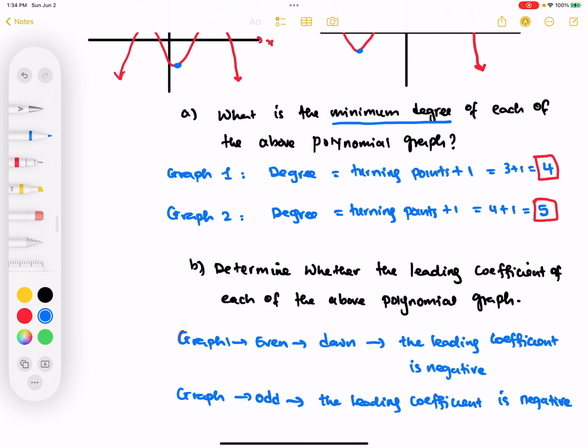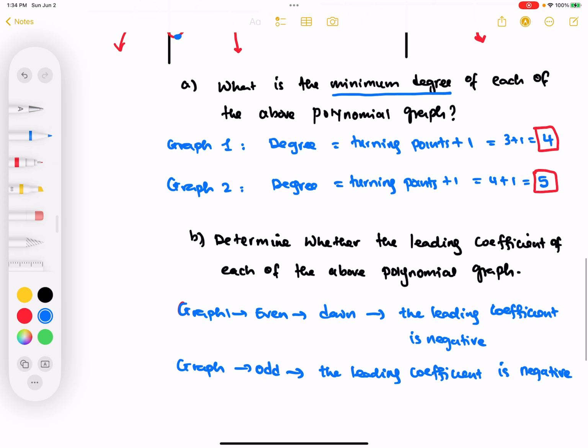So in my previous video, you can determine this based on our template graph, f of x equals minus x cubed. So you can see the end behavior. So the second one also has a negative coefficient. So given the graph, you can determine the leading coefficient.